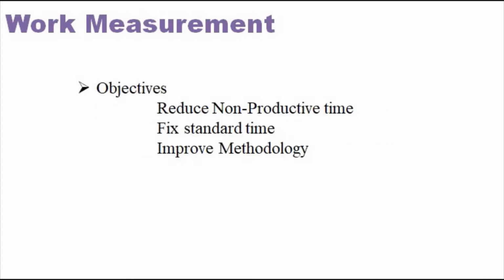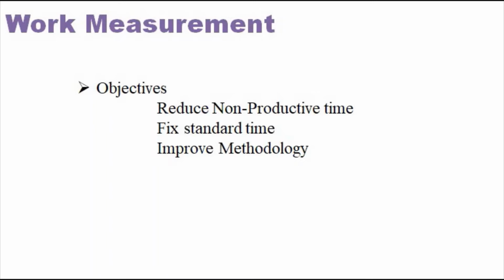The objective of work measurement is, first, to reduce or eliminate the non-productive time, because by observing the actual requirement of time for a particular job, we can reduce or eliminate the non-productive time, and work can be completed in a limited period of time.